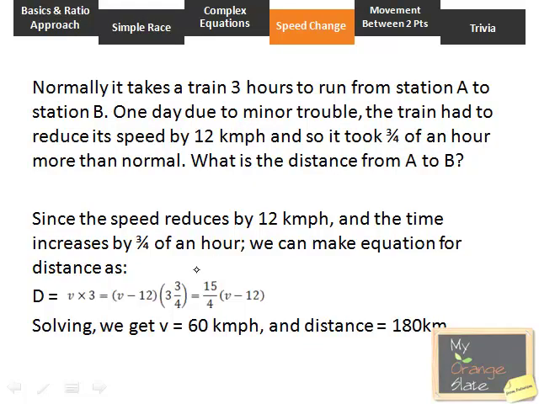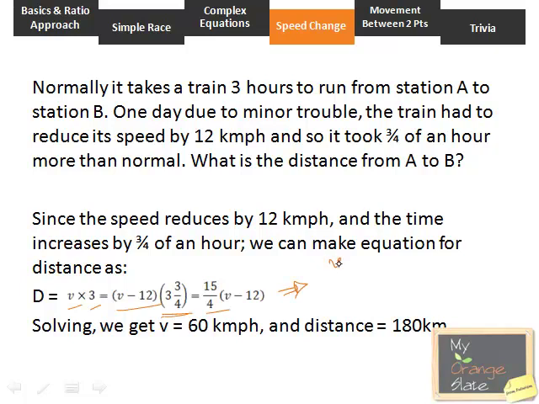So friends, what we get here is the distance is equal to normal speed into 3 hours, which is equal to the reduced speed, that is v minus 12, into 3 and 3/4 hours, which is equal to 15 by 4. So we get v into 3 is equal to 15 by 4 into v minus 12.